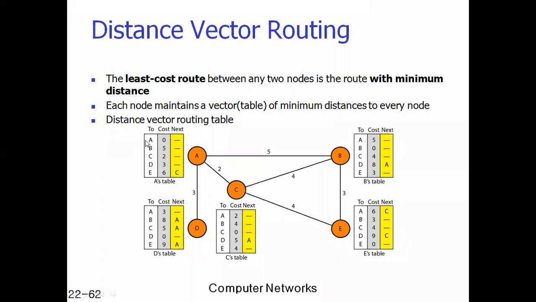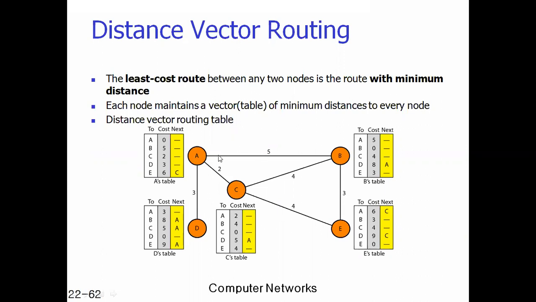In the vector table for A, A itself has cost 0. For B the distance is 5, for C it is 2, for D it is 3, and for E it is 6. Why is only 6 chosen?